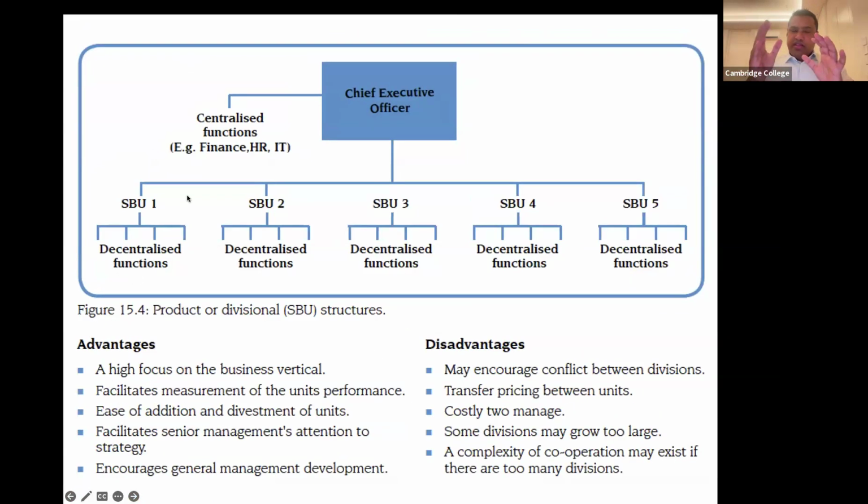So within the business, you create separate businesses and you say, okay, we are a bank. That's our main profit and loss account. But inside that, we have sub profit and loss businesses or SBUs.